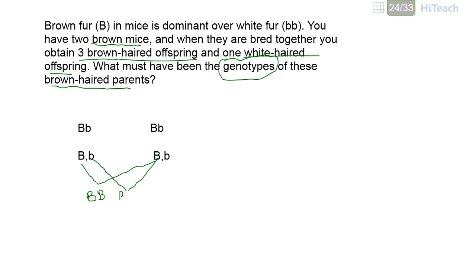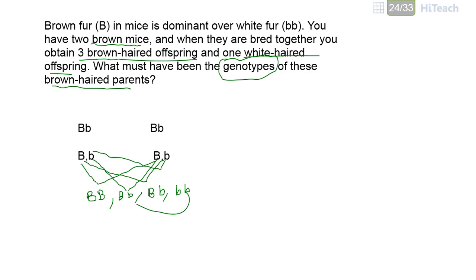So B with B, this kid is also brown. The first allele will also combine with the second allele from the other parent, so it's going to be Bb, and this one is brown. The second allele will combine with the second allele from the other parent, so it will be small b small b.